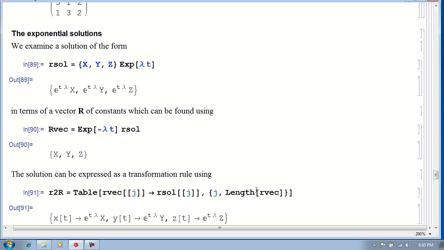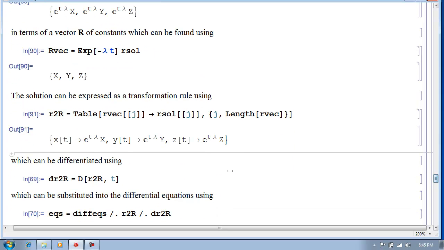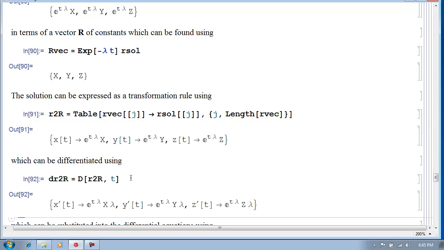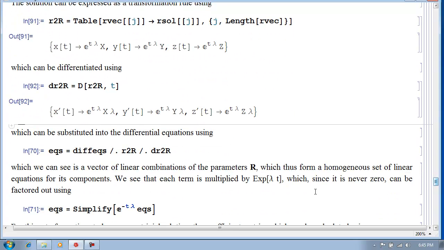So this tells us that x of t should be replaced by this, and we can differentiate that using this. So now we have an assignment rule for the derivatives, and we can apply those rules to our differential equations using this.